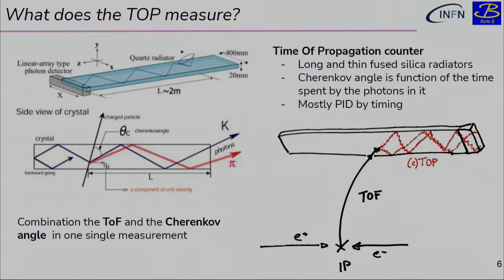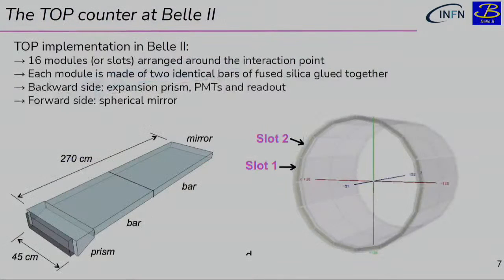In addition to this, it also works as a threshold Cherenkov counter. So if you don't have light, you can infer what the particle species is from the location of the Cherenkov thresholds. The implementation of this system in Belle II is slightly different from the nominal one that you would find in seminal papers, mostly because of mechanical issues. So we have 16 bars arranged around the interaction point, roughly 1.5 meters away from it.